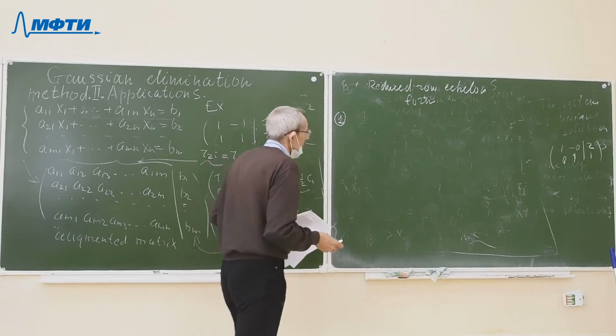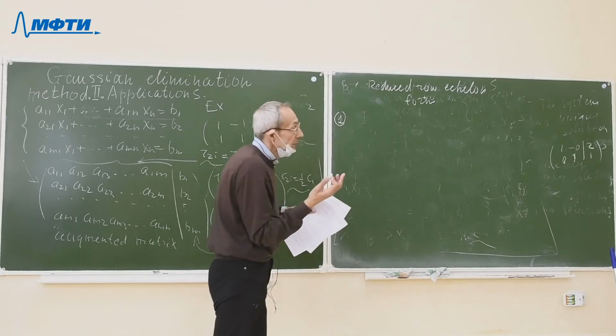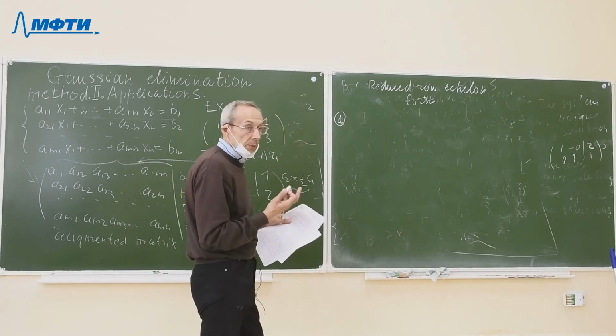The definition of reduced echelon form. The reduced echelon form is defined by the following three properties.